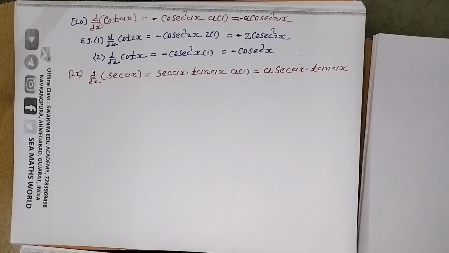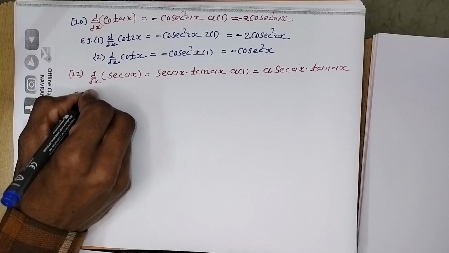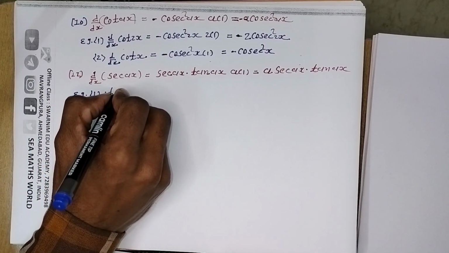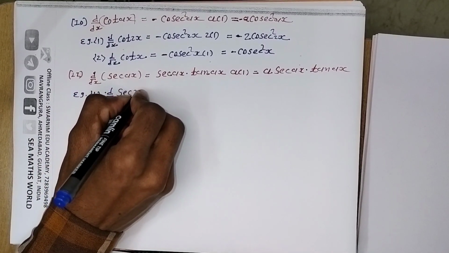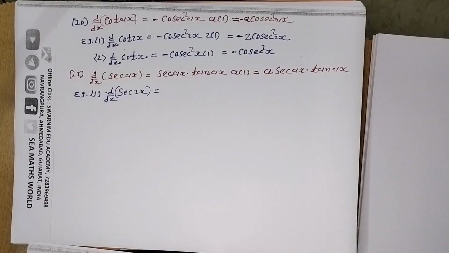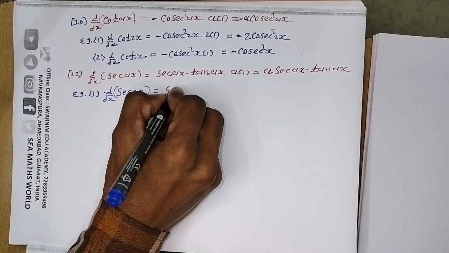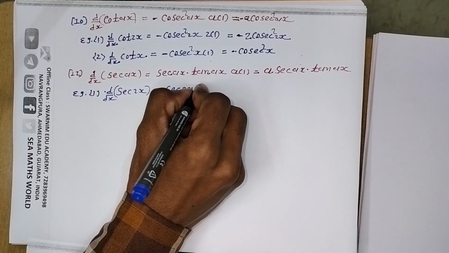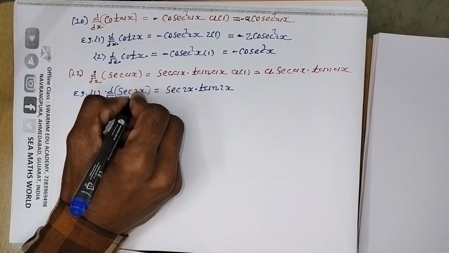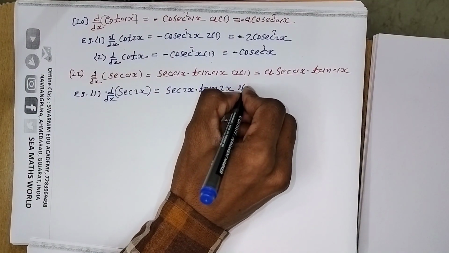Now let's understand it through examples. First one, differentiation of sec 2x. Differentiation of sec 2x will be sec 2x into tan 2x, then the angle is 2x, its differentiation will be 2, x differentiation 1.